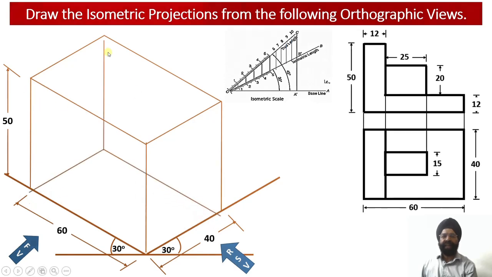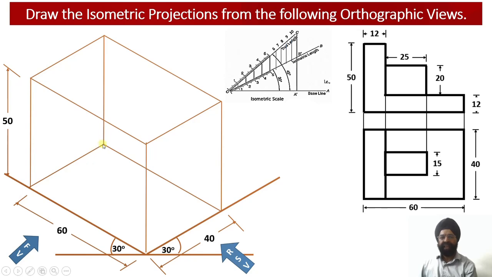In order to complete the base of the solid, an isometric edge measuring 50 millimeter and parallel to the y-axis will be drawn. Another isometric edge which will be measuring 40 millimeter and parallel to the z-axis will be drawn, and finally an isometric edge which will be measuring 60 millimeter and parallel to the x-axis will be drawn.